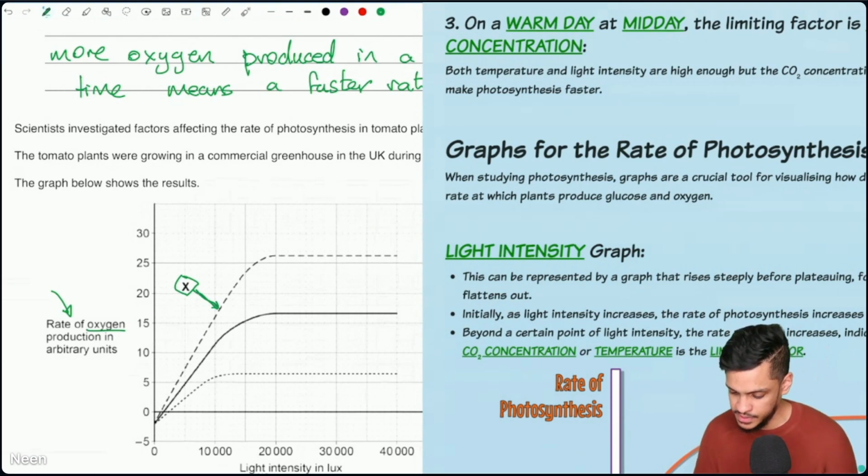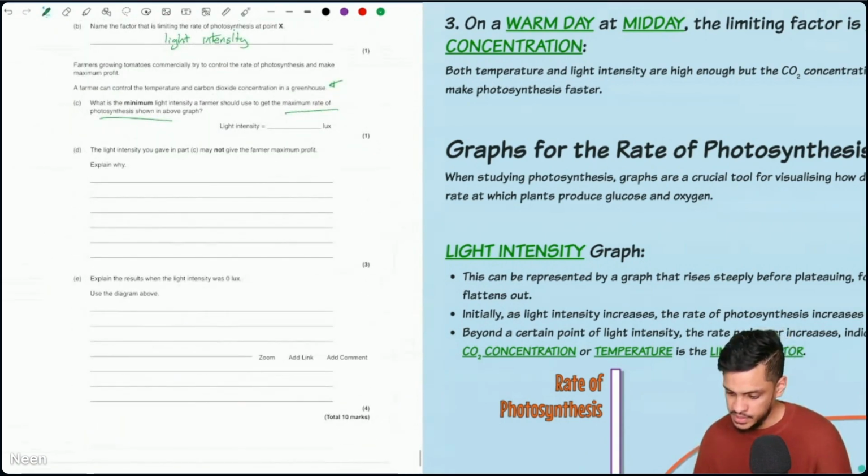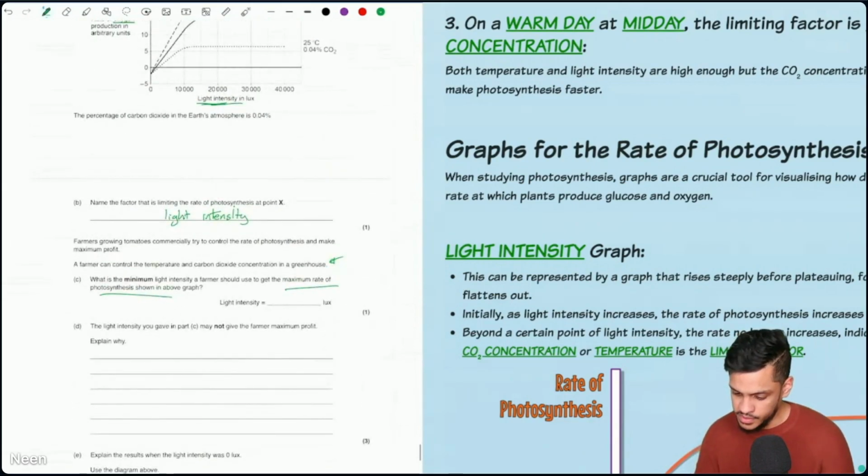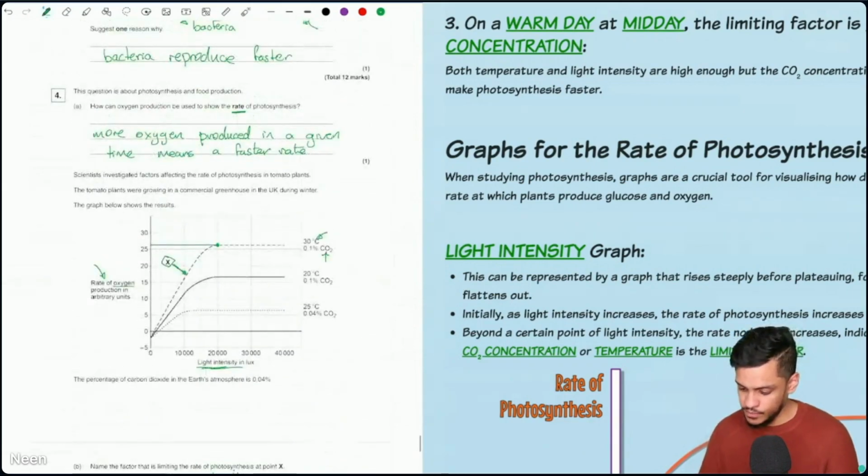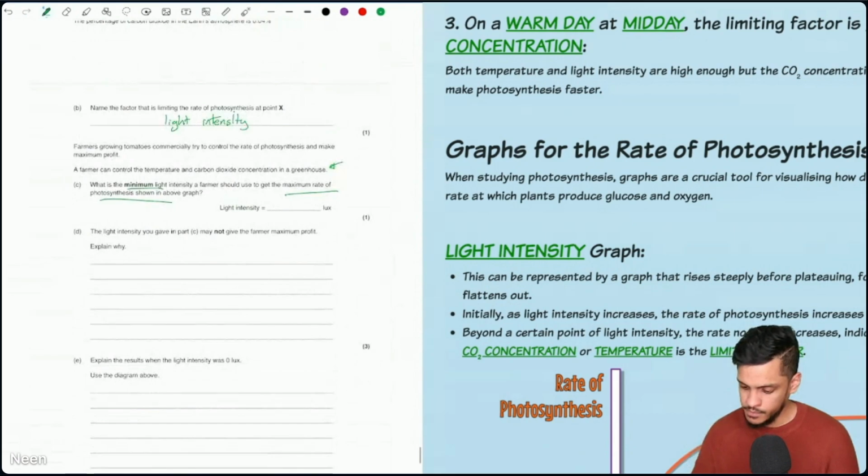So that's basically this point here. That's the fastest one because the question specifically said the minimum light intensity. So anything greater than 20,000 is going to give you a maximum because that's all up here, right? Nothing goes higher than that point. Minimum would be 20,000. So the answer for this one is 20,000 lux.